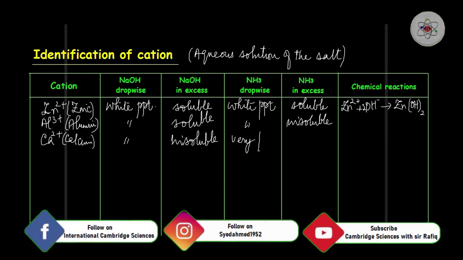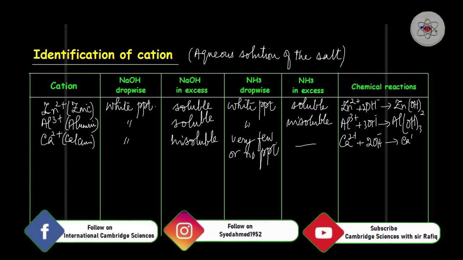In ammonia, it gives very little precipitate, or no precipitate, right? So what happens basically, aluminium reacts with hydroxide to form aluminium hydroxide, and calcium reacts with hydroxide to form calcium hydroxide.